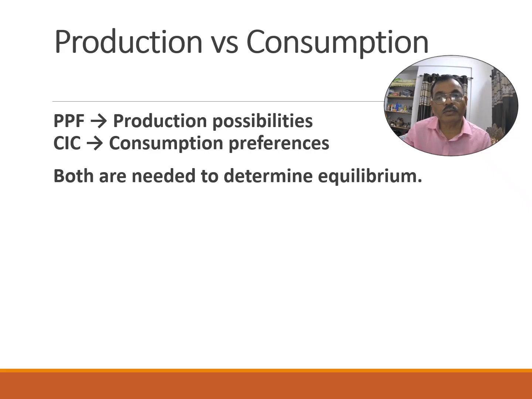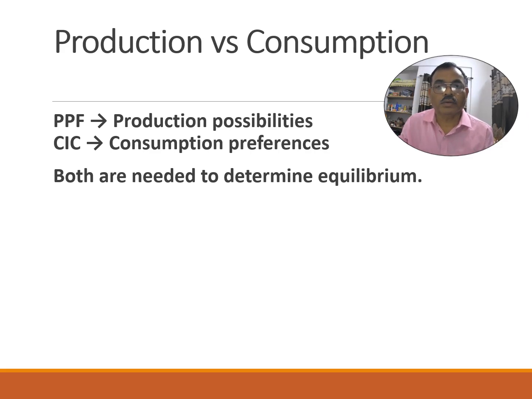For equilibrium to occur, production and consumption decisions must be consistent. That means the economy must produce exactly what society prefers to consume at that point.